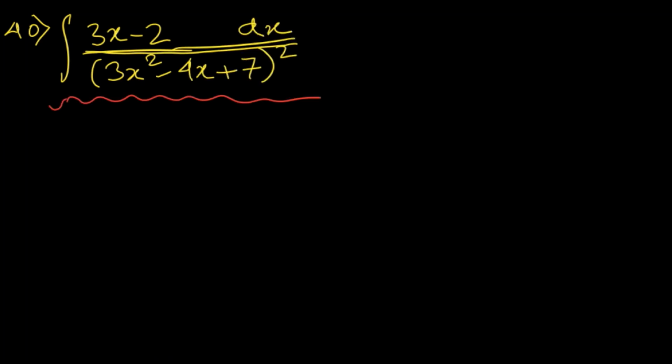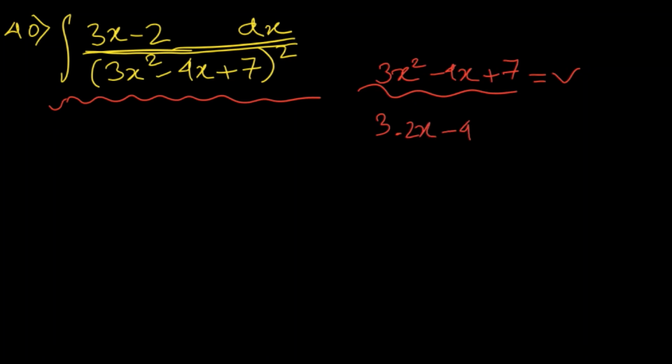The 3x square minus 4x plus 7 term, we need to substitute as v. You can pause the video and think. I think you have already thought, and many of you are obviously correct because you are doing so many sums on substitution. So this time we are considering it as v. On differentiating both sides, we are left with 3 into 2x minus 4 dx, and this total term dx is equal to dv.